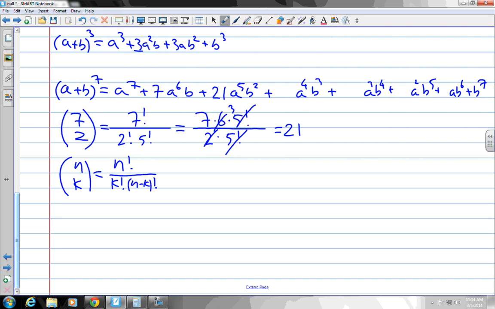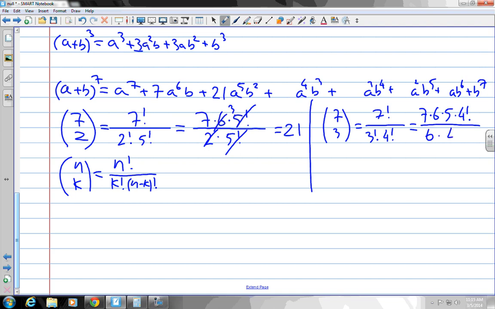Okay? I'll do the same, let's say, for that one. 7, 3. So it'll be 7 factorial over 3 factorial times 4 factorial. So 7 factorial is 7 times 6 times 5 times 4 factorial, while 3 factorial equals 6, and the 4 factorial cancels, 6 is canceled, so you get 35.